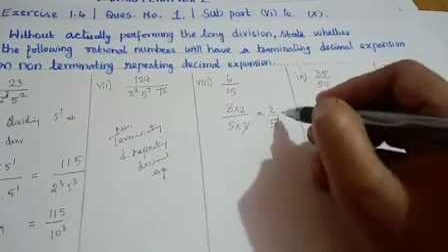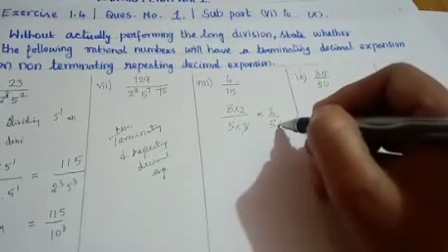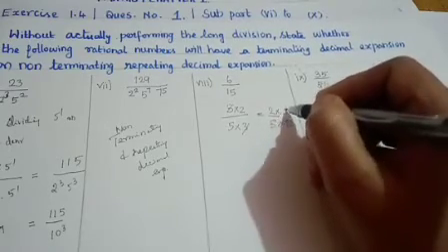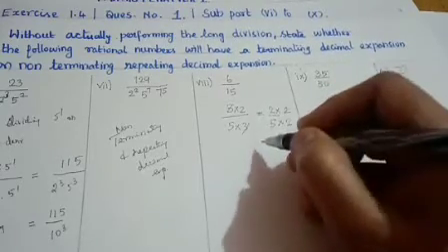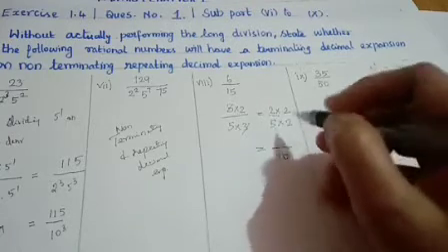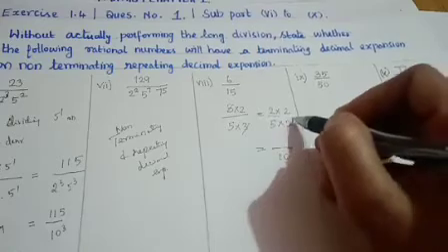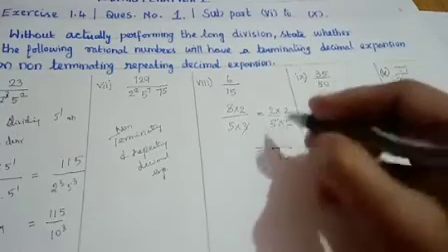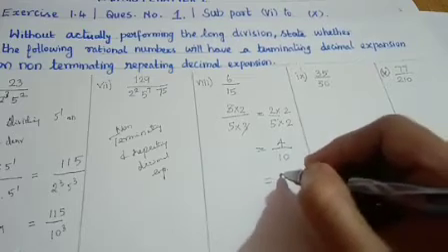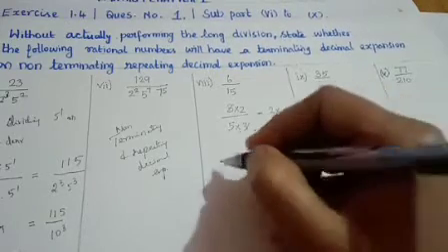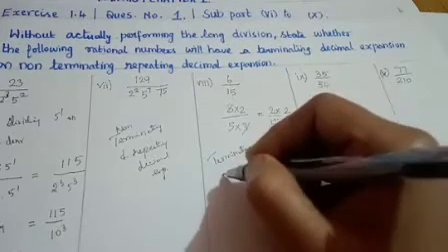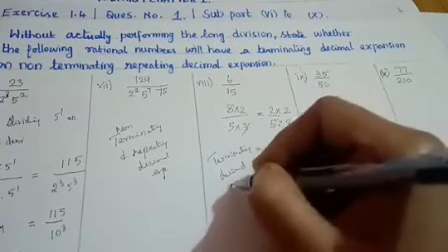Multiply the numerator and the denominator by 2, then you will get 4 by 10, which is of the form 2 power m, 5 power n. 4 by 10 is nothing but 0.4. This is a terminating decimal expansion.